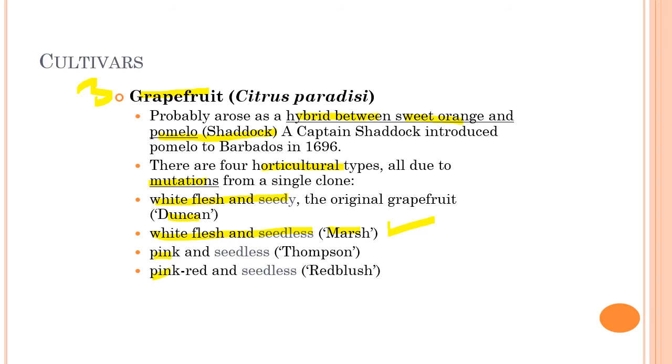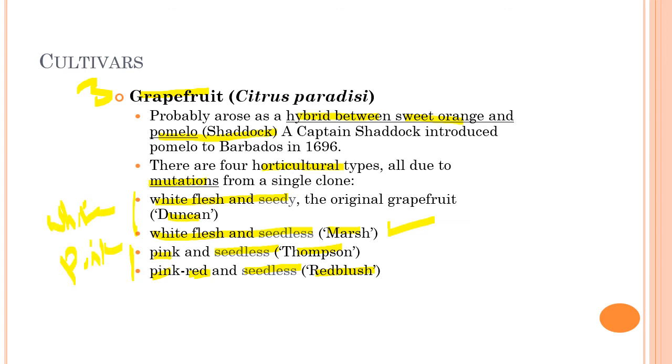One without seeds is called Thompson, and another one also without seeds, but a little bit more pink to red, is called red blush grapefruit. So some with seeds, others without seeds, and there are 2 types: the pink type and the white. So we have the white here, and we have the pink type.